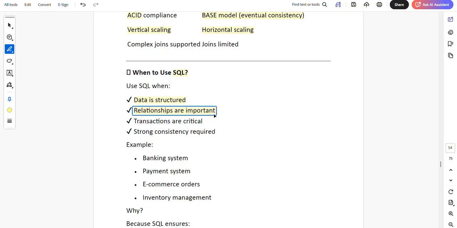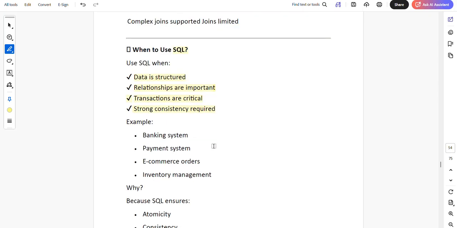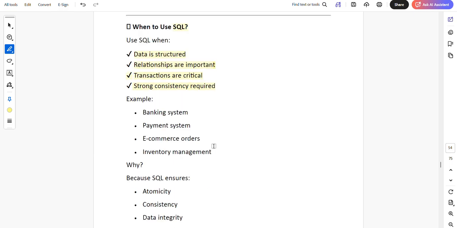Relationships are important, transactions are critical, and strong consistency is required. You can't put the data in a scattered format.